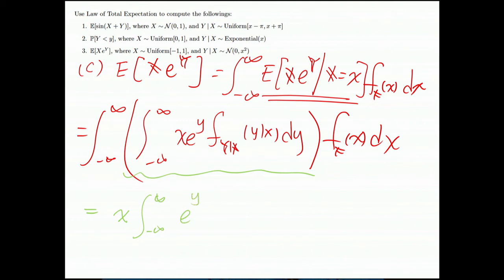So e to the y, this y given x conditional PDF is a Gaussian with 0 mean and variance x squared, e to the minus y squared over 2x squared dy.